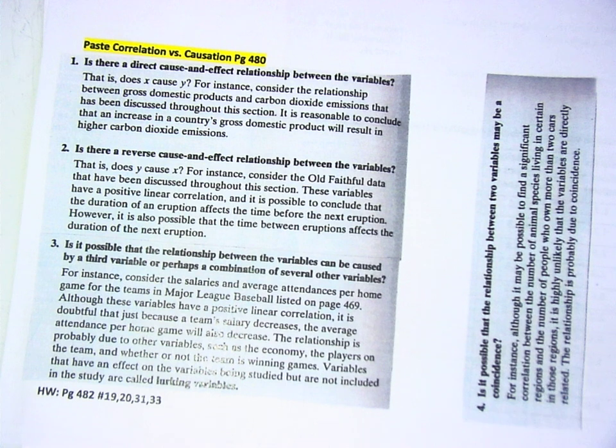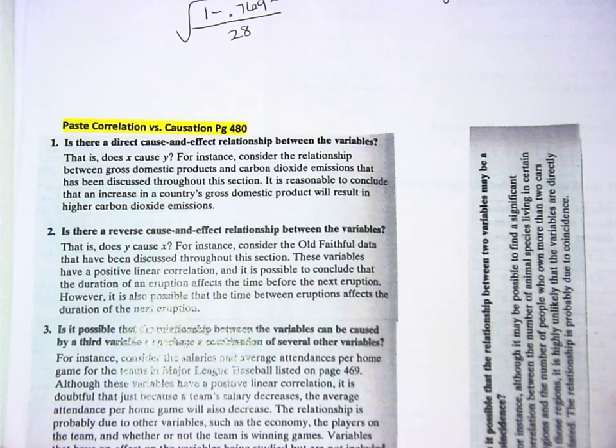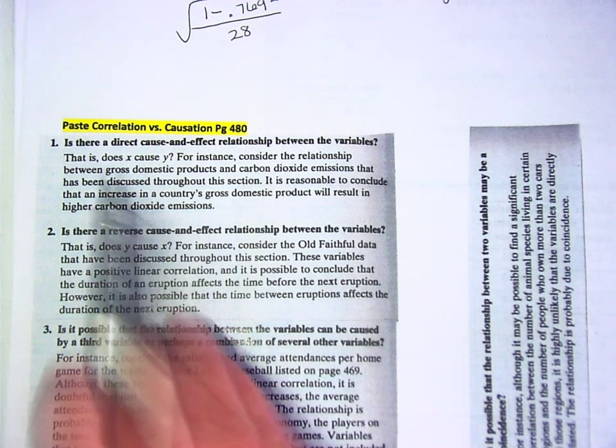All right, so let's read this through really quick. I believe it was Ryan who asked about correlation versus causation. If you're thinking about whether something is correlated or caused, you need to think about these questions.